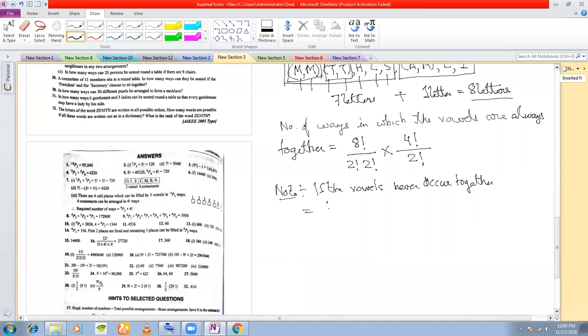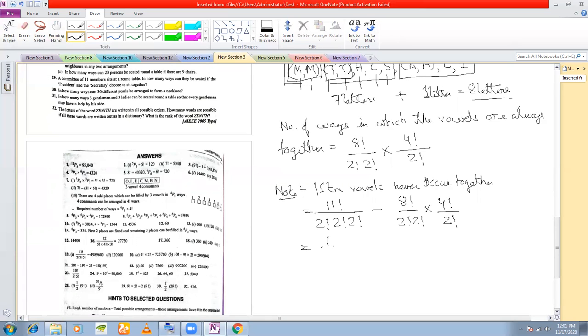Without any restriction. And so you subtract from here the number of arrangements in which the vowels are always together. That will give you the number of ways in which the vowels are never together.